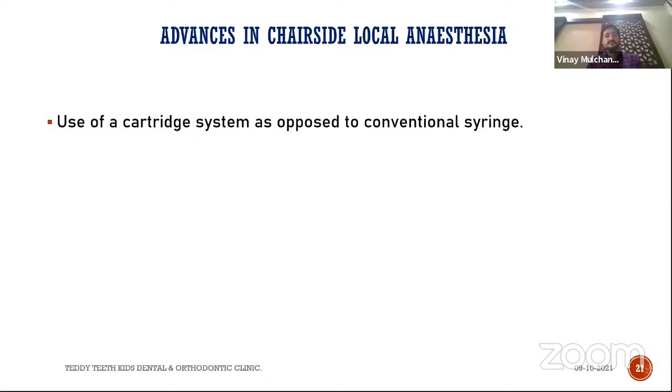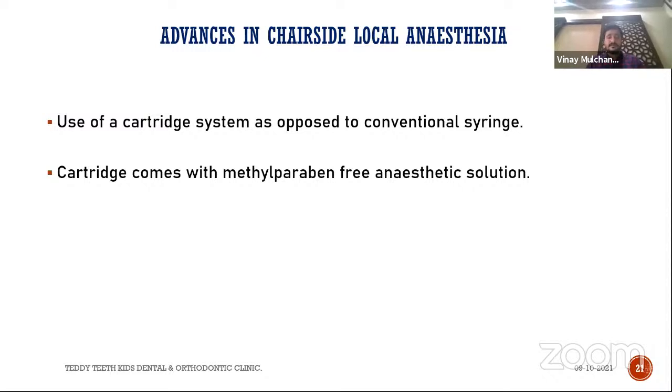I'll be showing images of how a cartridge system is different and superior to a conventional syringe, especially for pain management. First, these cartridges come with methylparaben-free anesthetic solutions. The normal 2% lignocaine solution which we use along with epinephrine, in these cartridges is methylparaben free.